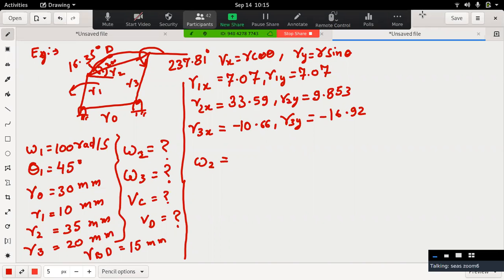If you remember, omega 2 is nothing but minus omega 1 by d, times r1y, r1y is 7.07 and r1x is 7.07, r3y is minus 16.92 and r3x is minus 10.66.